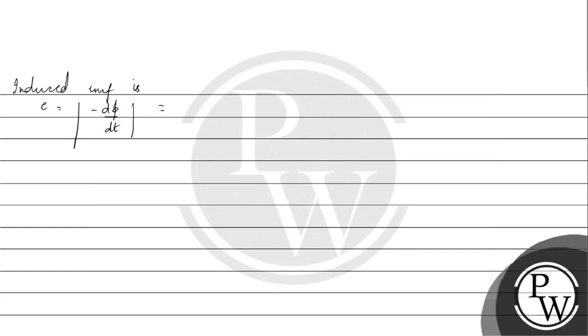So this will be mu naught I naught a divided by pi into ln 2 into d by dt of sin omega t. तो हमें induced EMF मिलेगा mu naught I naught a omega by pi into cos omega t into ln 2.